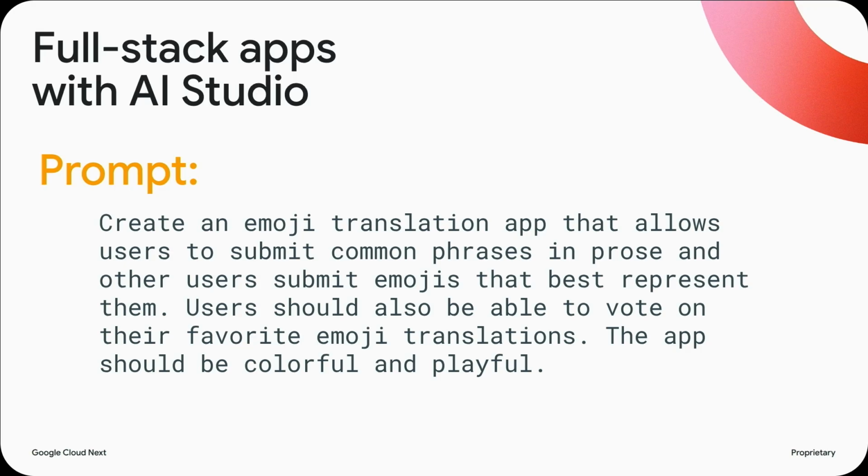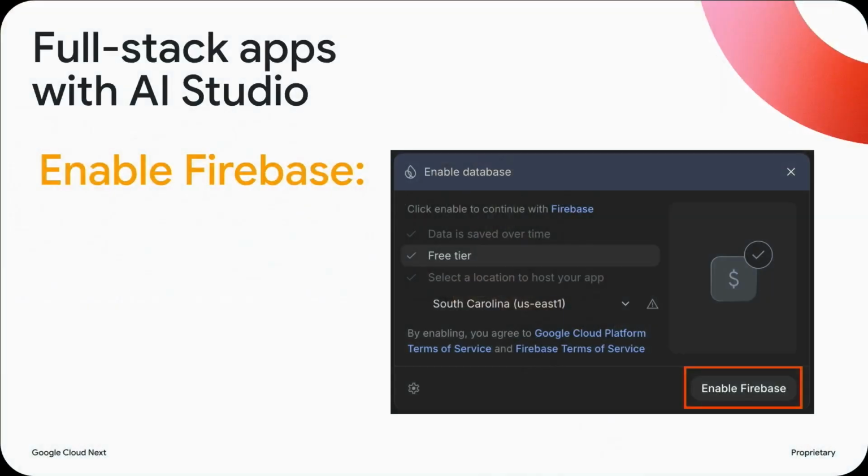As you can see, there's no mention of databases or authentication anywhere in this prompt. The AI Studio agent recognizes the need for both database and authentication, and thus the need to set up Firebase. After entering my prompt, I'm presented with the dialog that you see here to set up my Firebase app.